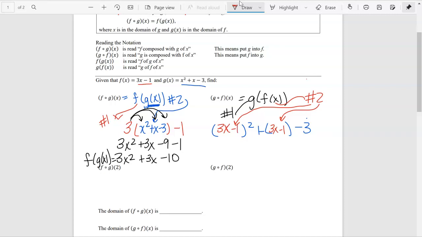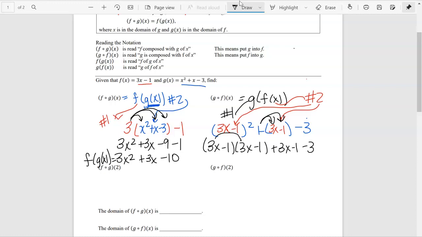Now we're going to want to simplify this. So 3x minus 1 squared means 3x minus 1 times 3x minus 1. This plus would go with both of these things, but we've learned now that that really doesn't change anything. We just have 3x minus 1 minus 3.